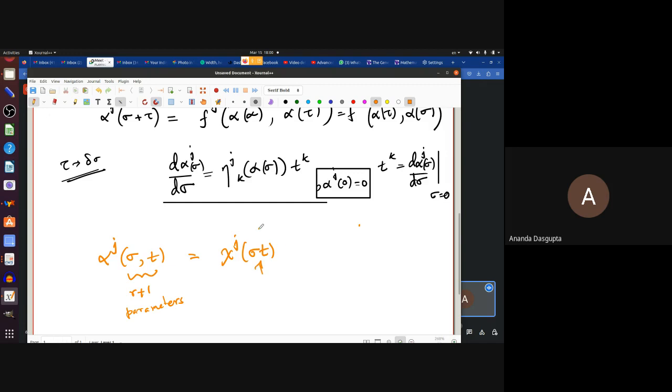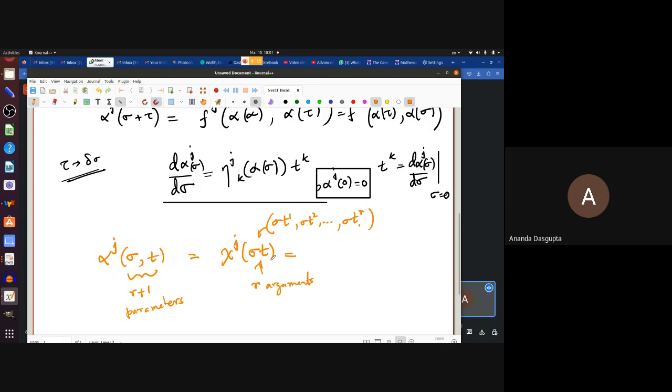Of course, this means it depends on sigma t1, sigma t2, up to sigma tr. Not on sigma separately, independently, but sigma in this particular form. So you actually have only r arguments really.